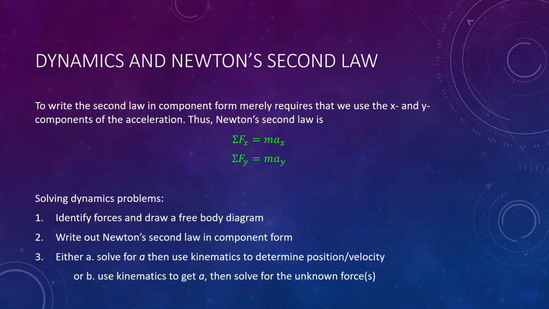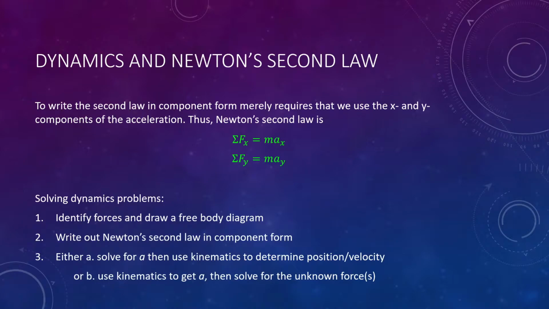In fact, that's the first two steps of our problem-solving strategy. First, identify the forces that are acting on your object, and based on that, draw your free body diagram. Once you have your free body diagram drawn, you can write out your Newton's second law in component form, generally like you see above. Then, you get to the part where you actually try to solve the problem.